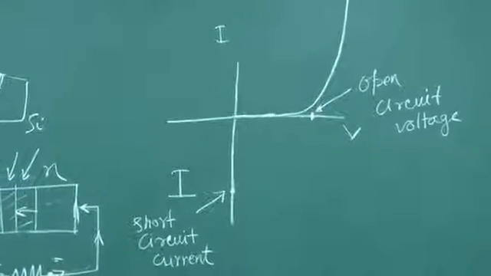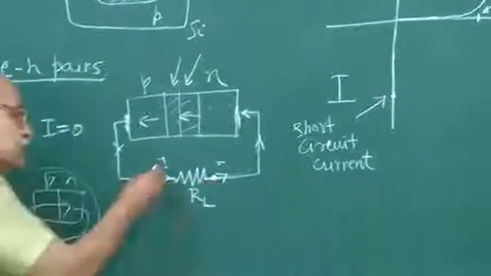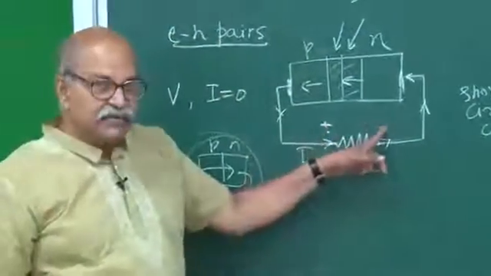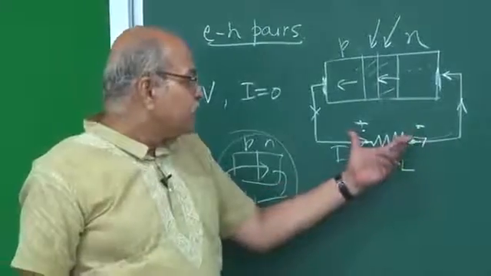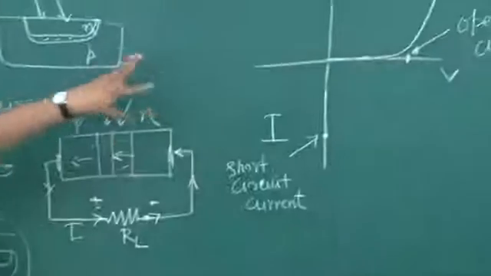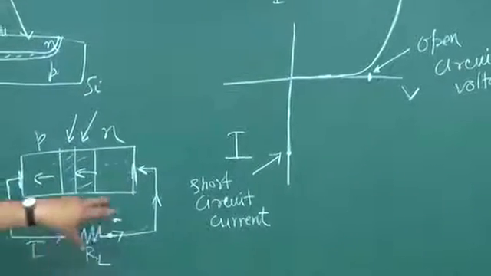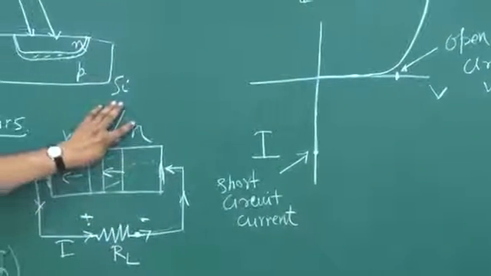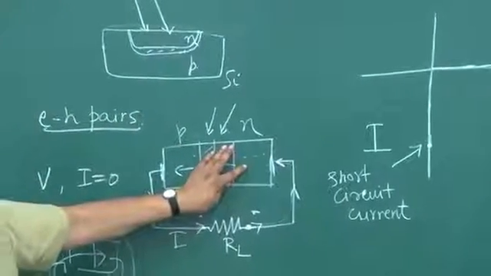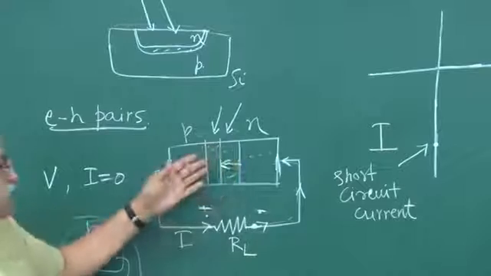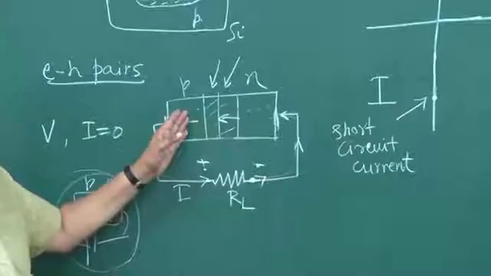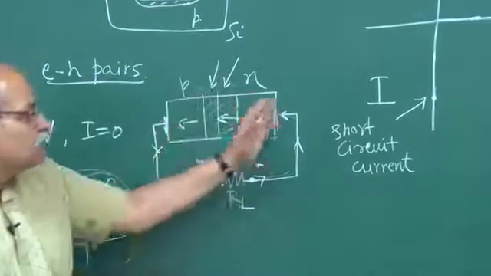Now, if I am putting this RL and this side is becoming higher potential and this side is becoming lower potential, then I am doing some kind of forward biasing, and this kind of current will be superimposed on that photocurrent. Because of this light, because of this EH pair production here, and because of this internal field which is drifting electrons this side and holes this side, you have a current which you can call photocurrent.